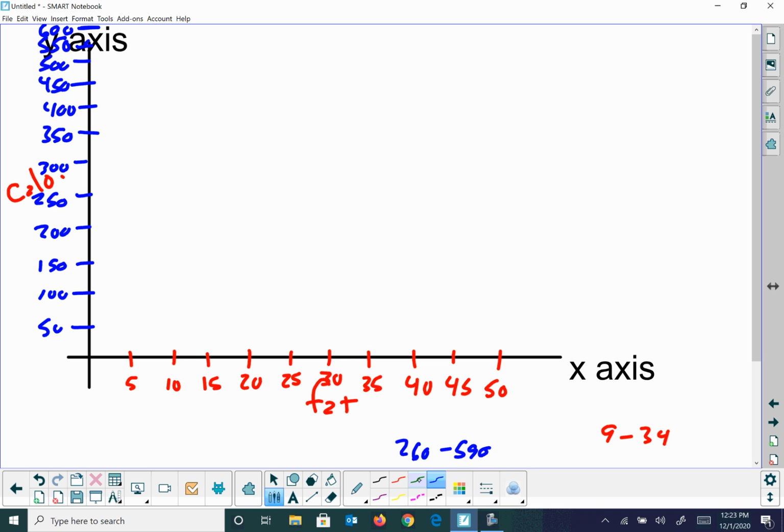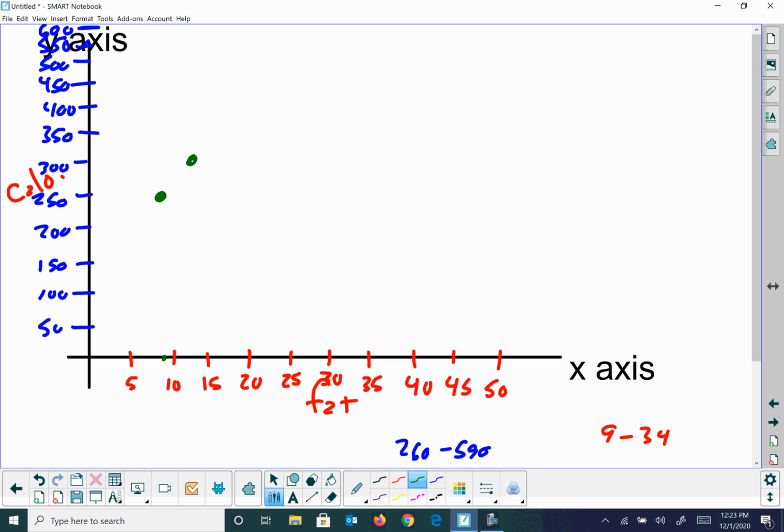Our data was 9 and 260. So 9 is about here, and we're going to go straight up to 260, and estimate as best we can. Then we have 13 at 320. So 13 is about here, and we go up to 320.